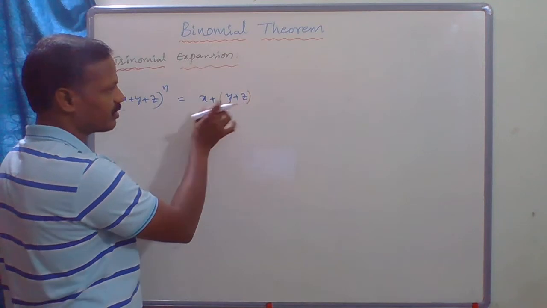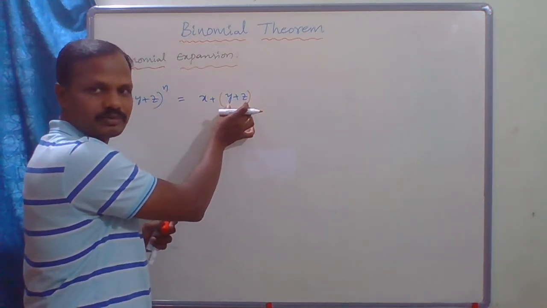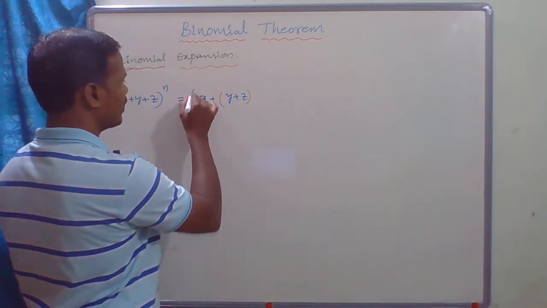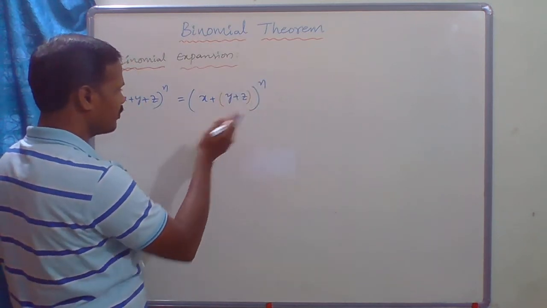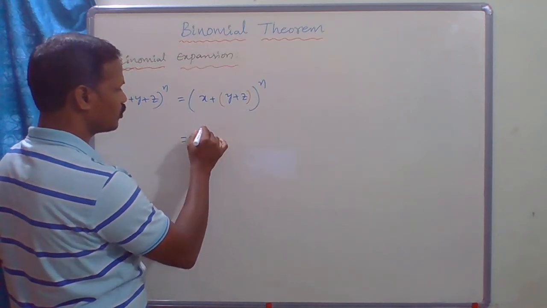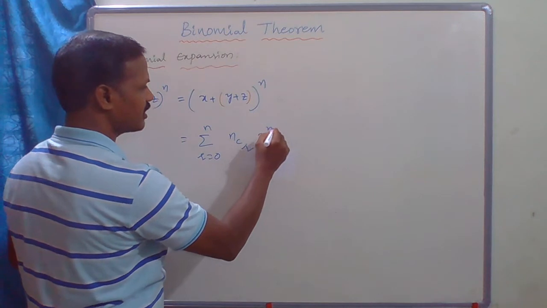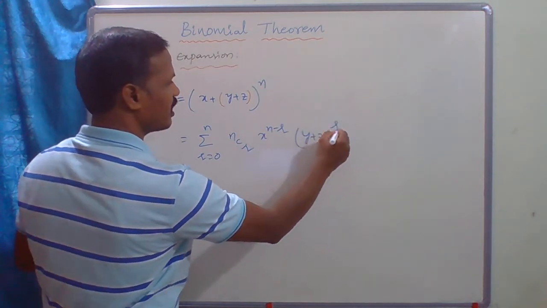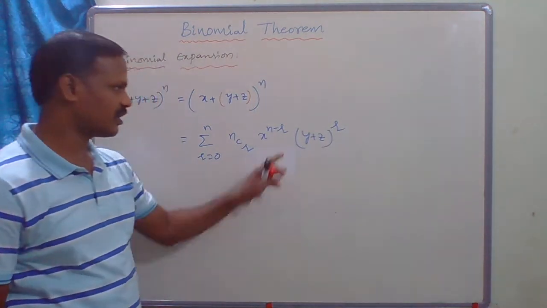So now there are 2 terms, x and (y plus z). Now expand this. If we make the expansion, summation r equal to 0 to n, ncr x to the power n minus r, (y plus z) whole power r. This is the short form of the expansion.